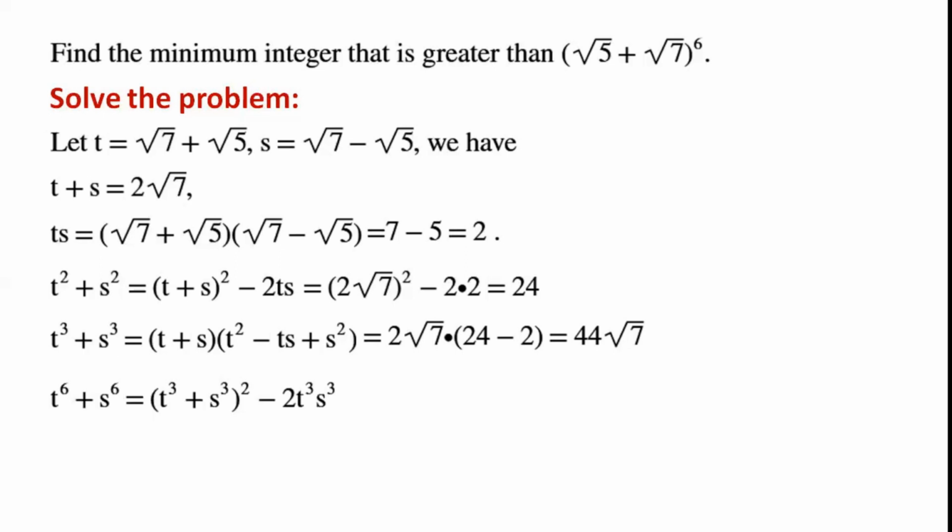t⁶ + s⁶ = (t³ + s³)² − 2t³s³. We know that t³ + s³ = 44√7. t³s³ can be written as (ts)³.